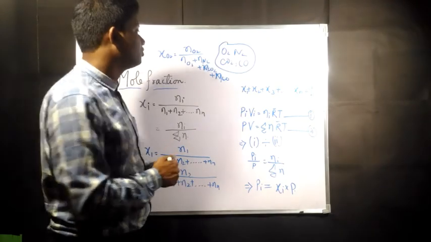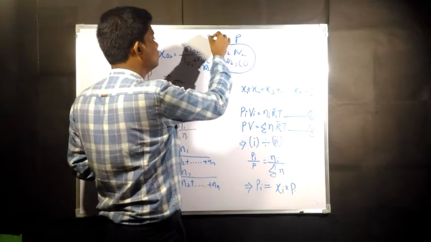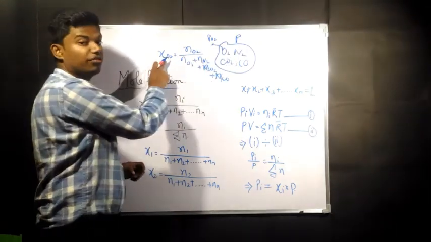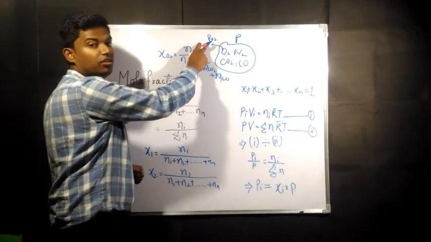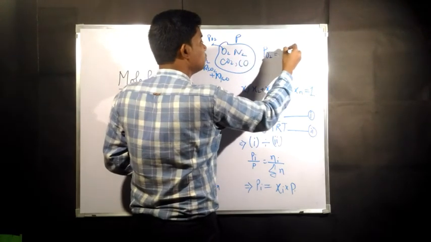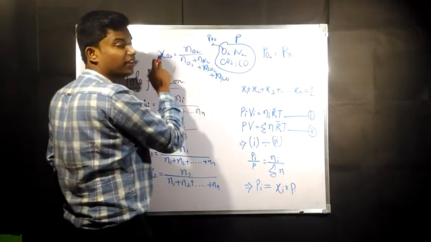If the total pressure is P and the partial pressure of oxygen is PO2, then to find it we multiply the total pressure with the mole fraction of oxygen.